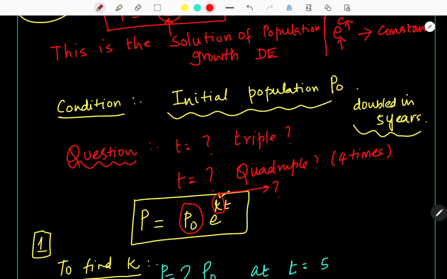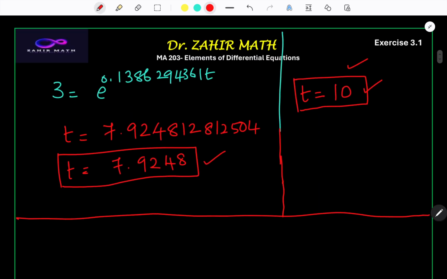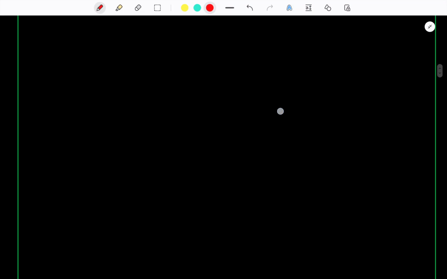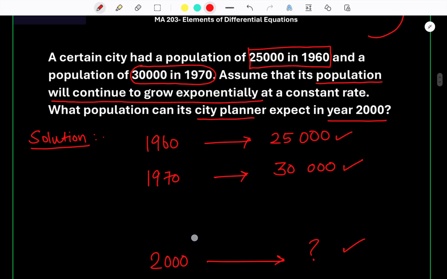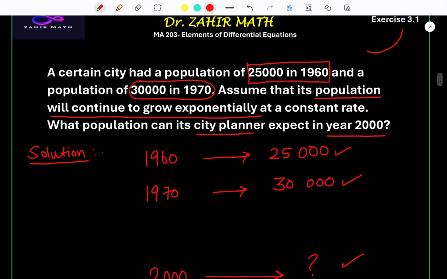But here they didn't say anything about the initial. Look at the question: 25,000 in 1960, 30,000 in 1970, and what will be the population in the year 2000? So nothing is given regarding the initial.